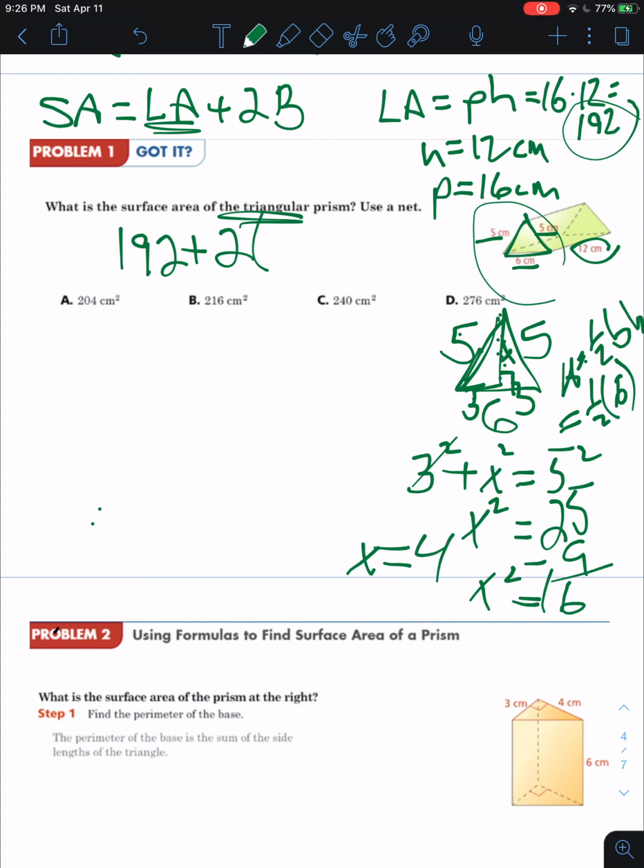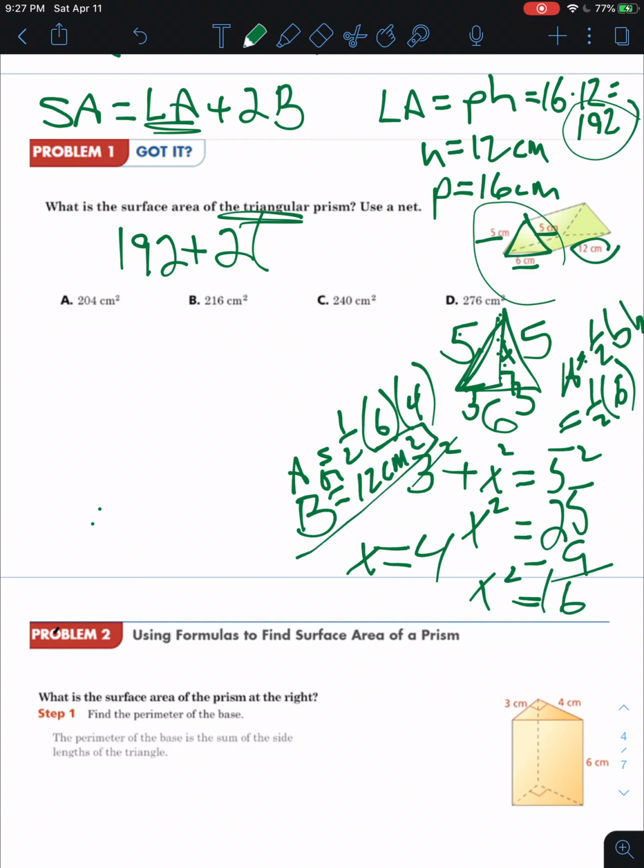All right. Now, the area of the base is 1/2 times 6 times 4. Well, 6 times 4 is 24. 1/2 of that is 12. So the area of the triangle, or the base of this prism, would be B equals 12 square centimeters. Okay, that would be the area of the base.